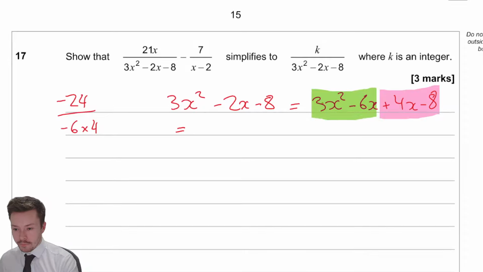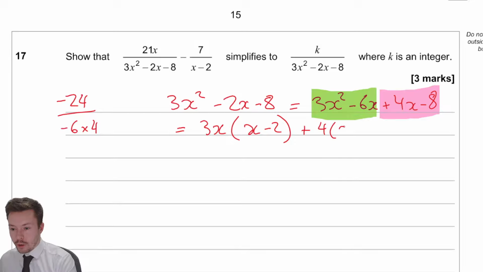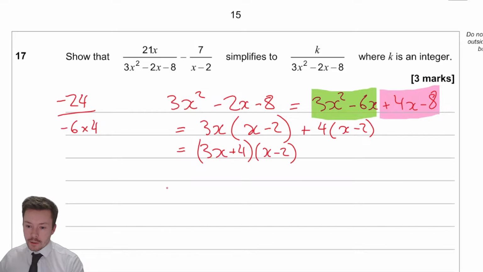So let's take out 3x from the first two terms. So we get x minus 2. And then for the second two terms, we're going to take out 4. And we're going to get x minus 2. So that's going to give us 3x plus 4 and x minus 2. So that's going to be the denominator here.